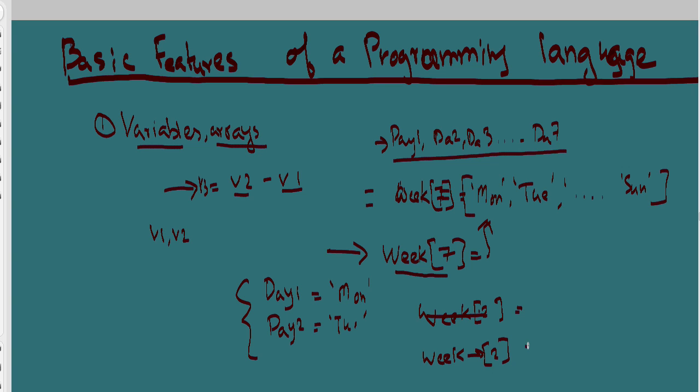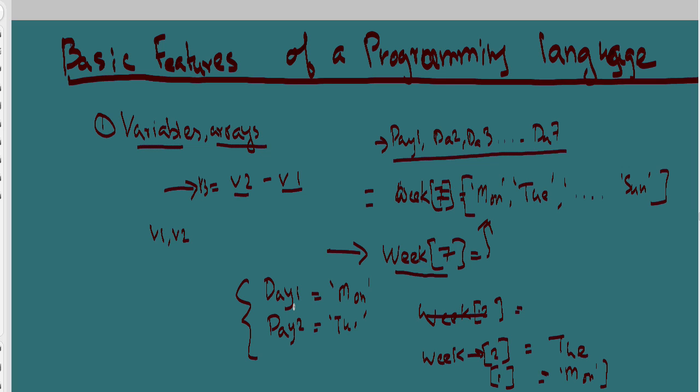So week 2 equal to, let's say, Tuesday, meaning the second element, and the first element equal to Monday. Then you can easily write logic to handle that 2 comes before 1, so Tuesday comes after Monday. But here, if you define day 1, day 2, it's a little more difficult to capture or store the order of the variables.